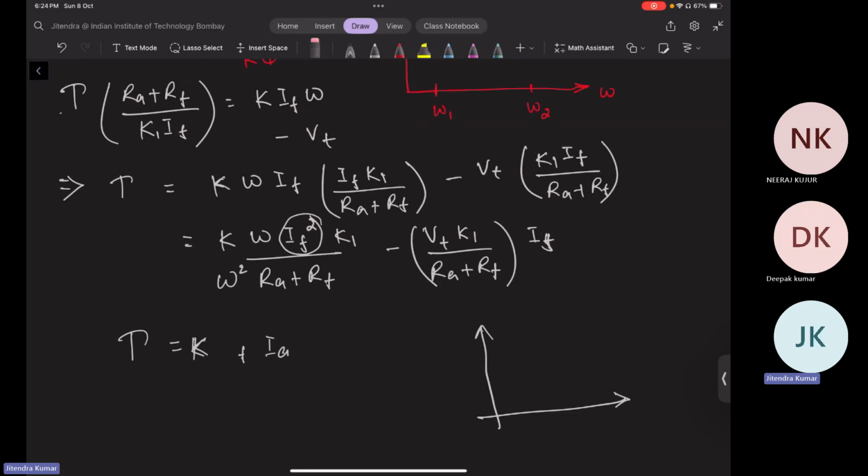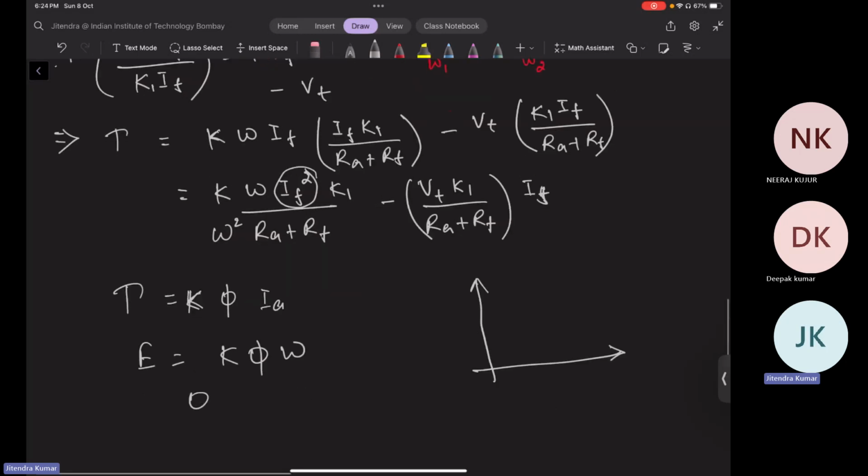And IF we can write as Ia, and EMF is equal to K phi omega. So phi is equal to E by K omega.